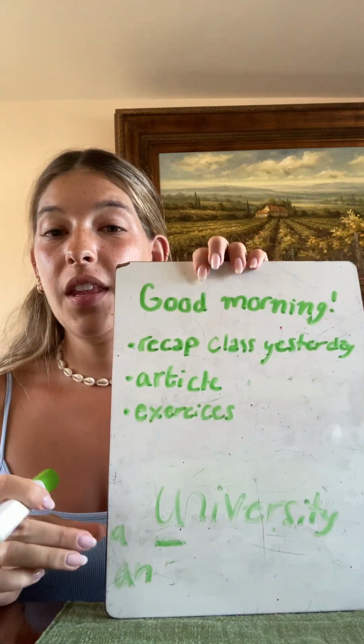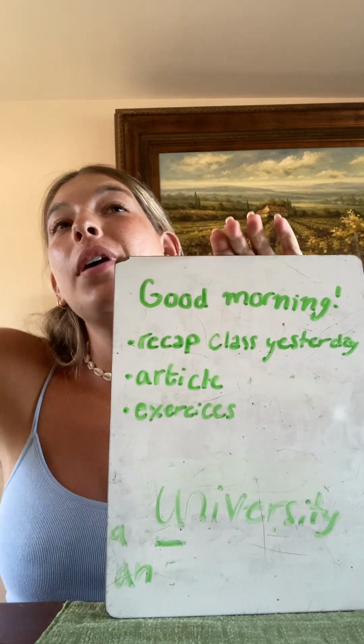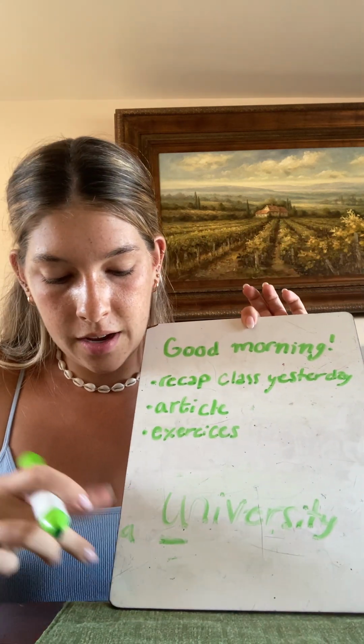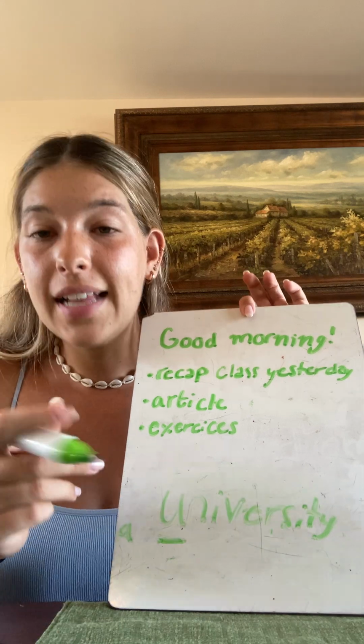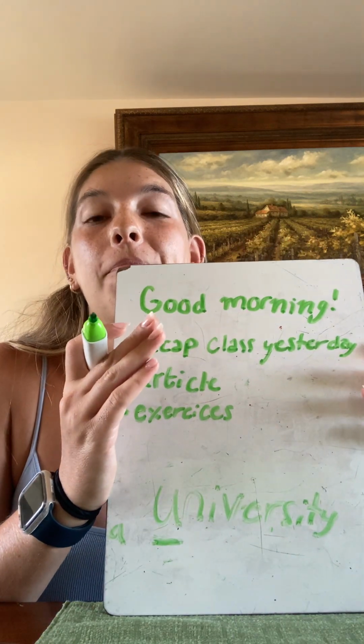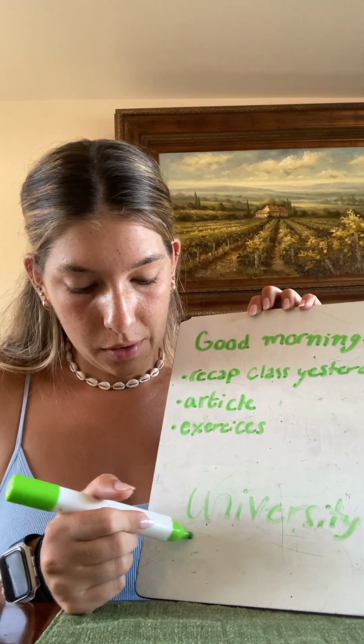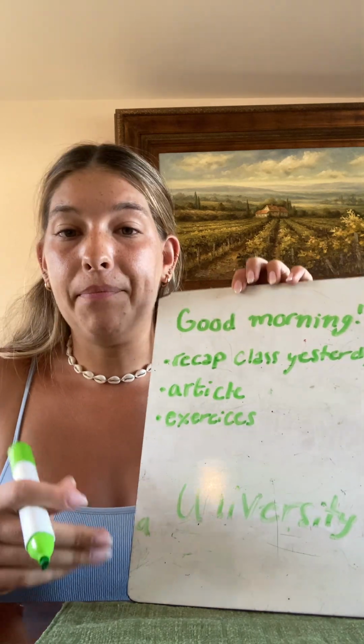So the first 8 people that raised their hand were right. You're going to say "a university". That's an exception to the rule. You see here, it's a vowel, but we're not going to use "an" this time.